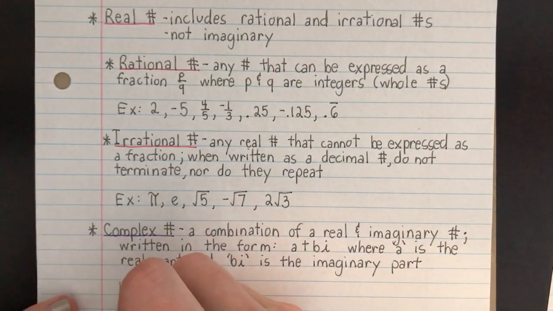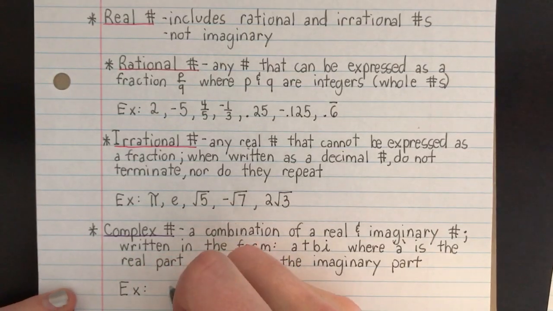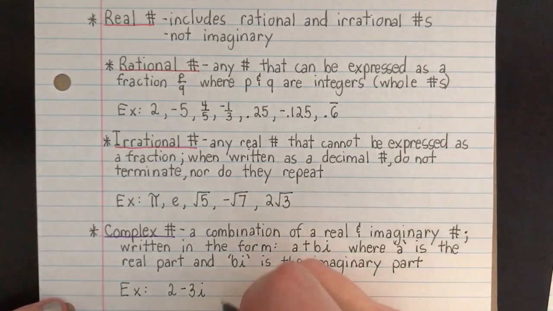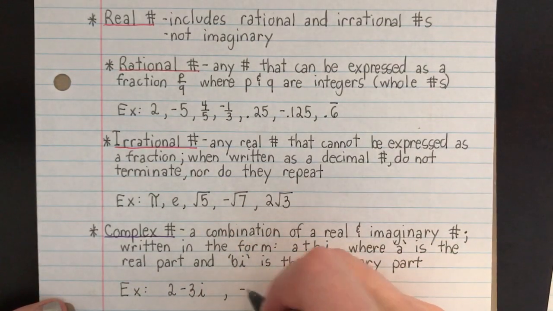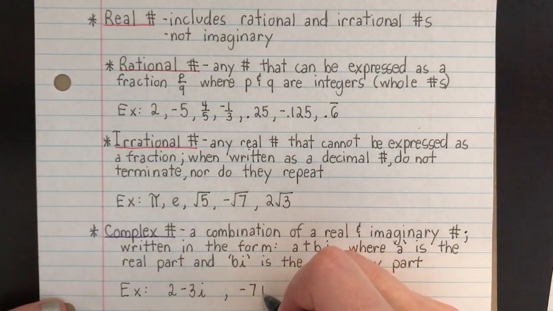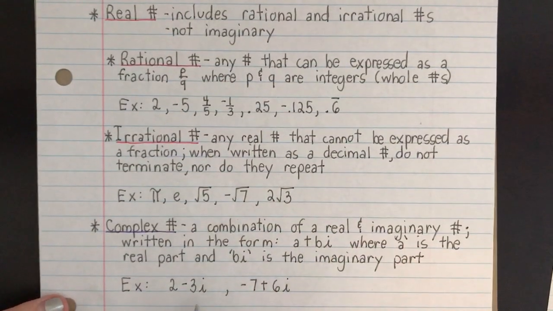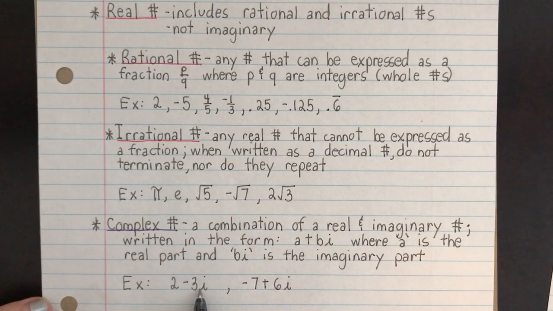So for example, something like 2 minus 3i, that's a complex number. Also -7 plus 6i, that's a complex number. So you've got your real part and your imaginary part, and they're connected. It combines a real and an imaginary number.